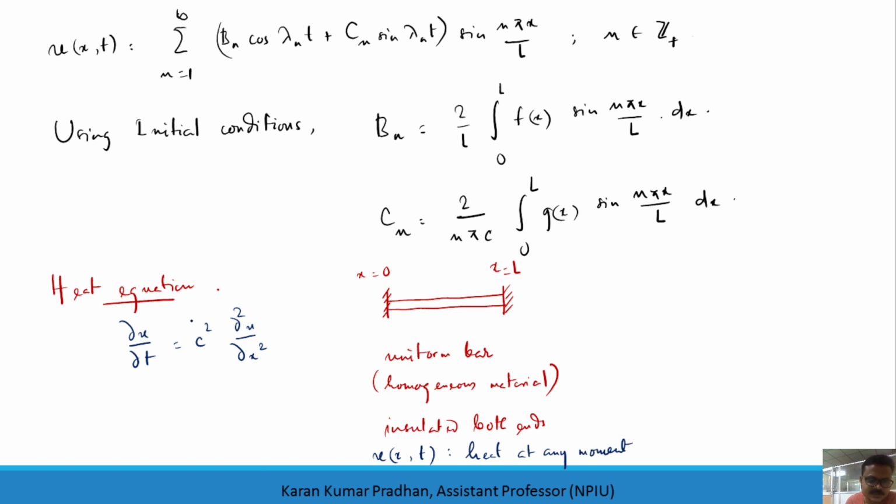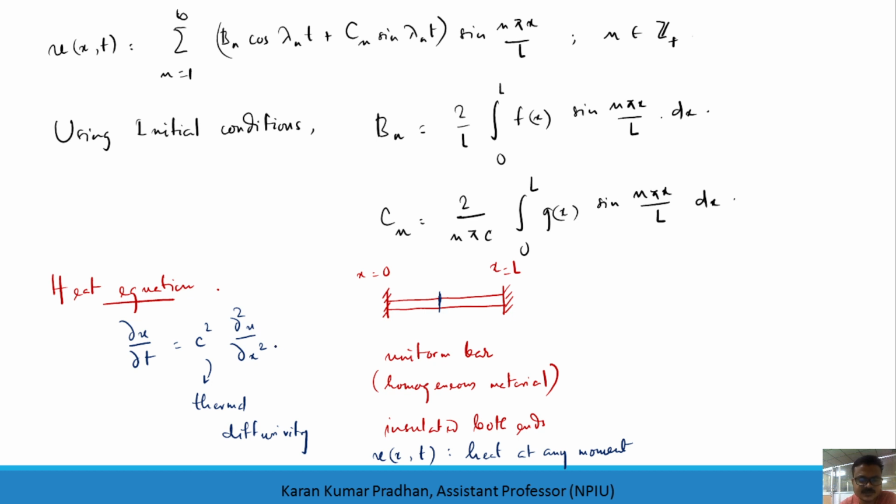This c squared is called the thermal diffusivity. It tells us, at any point, whether it is hotter or cooler than the average of the surrounding points, for the finite bar. So how much cooler or hotter it is compared to the average of the neighboring points.